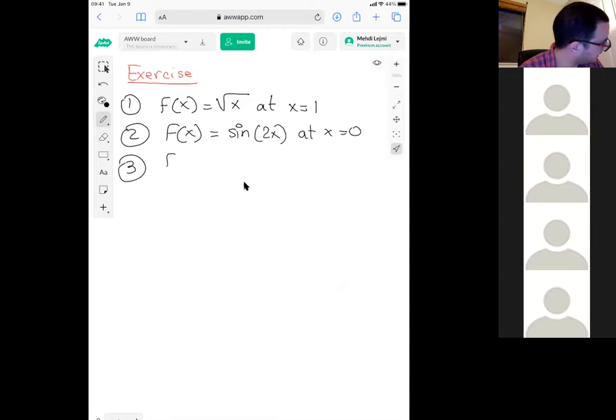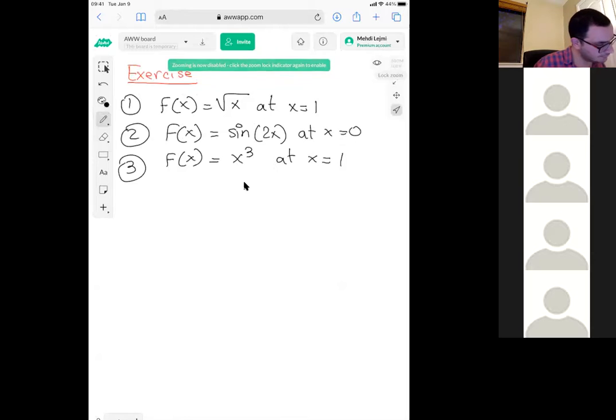And then we said, I think, x cubed, if I'm not mistaken, at x equal to 1. Any guess for number 2?